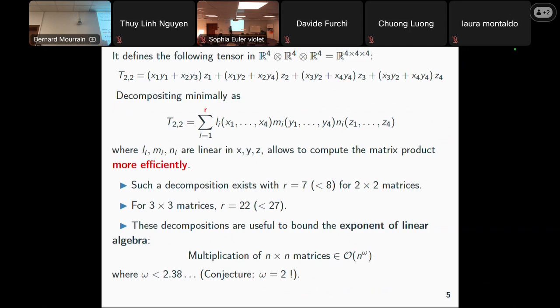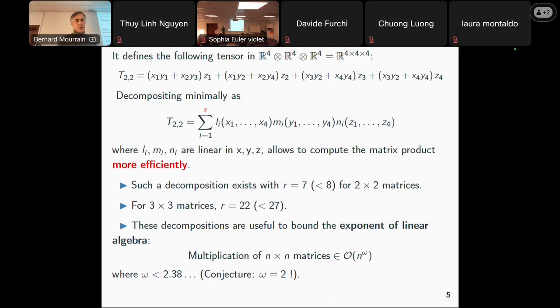So far in algorithm complexity analysis, people use n to the omega, where omega is this exponent of linear algebra, which is known to be less than 2.38, and there are some other digits which are known here, and conjectured to be 2.